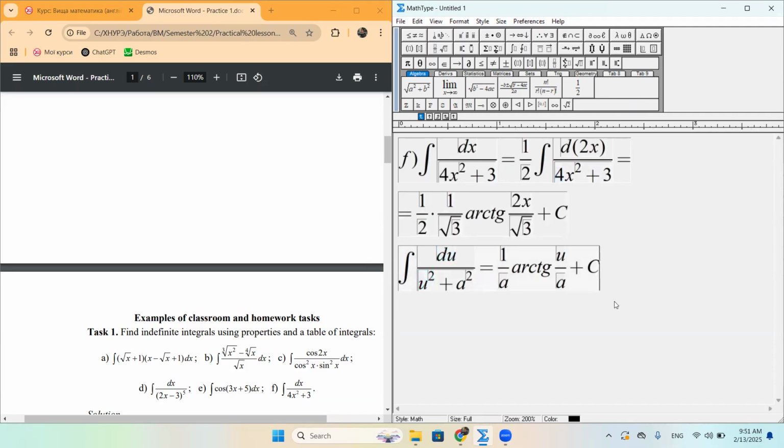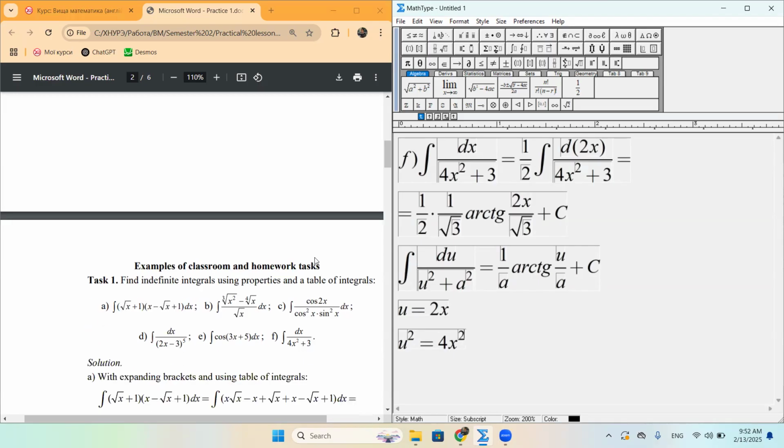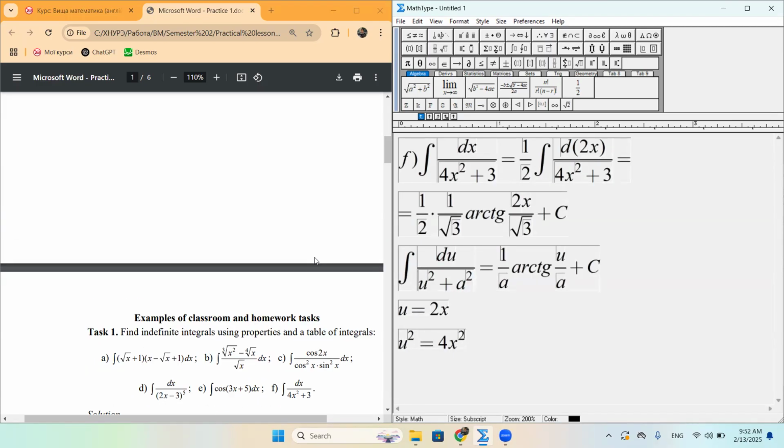So u equals 2x, and u squared equals 4x in power of 2. So we need to use the differential entry technique. Oh yeah, I see that. Thank you. You are welcome. Okay, more questions?